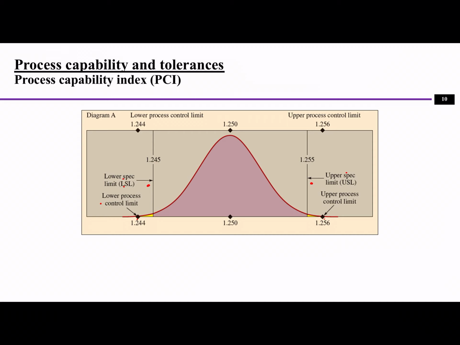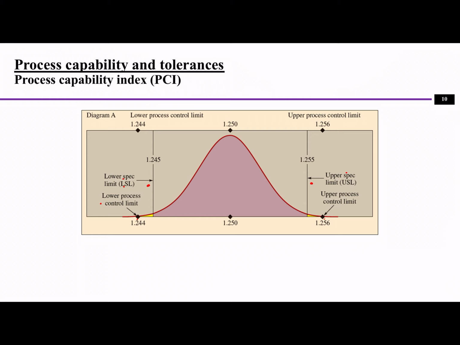If you set up a limit, say, okay, if I produce 1.244 is good, any dimensions between 1.244 and 1.256 are acceptable in my process, in my production, which means that something you produced, the yellow part, is actually not within the design specification limit, right?